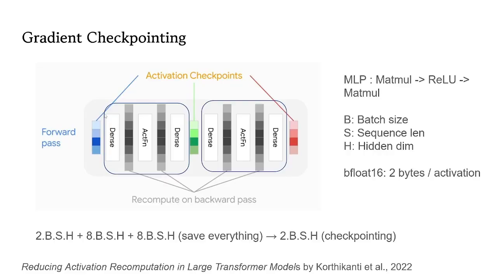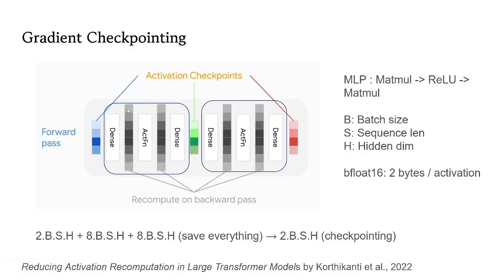For that, we can divide up the model into segments and save only the inputs going into that segment. So here's the first MLP. We save only the input going into that MLP. And then we save only the input going to the second MLP and the output of that.